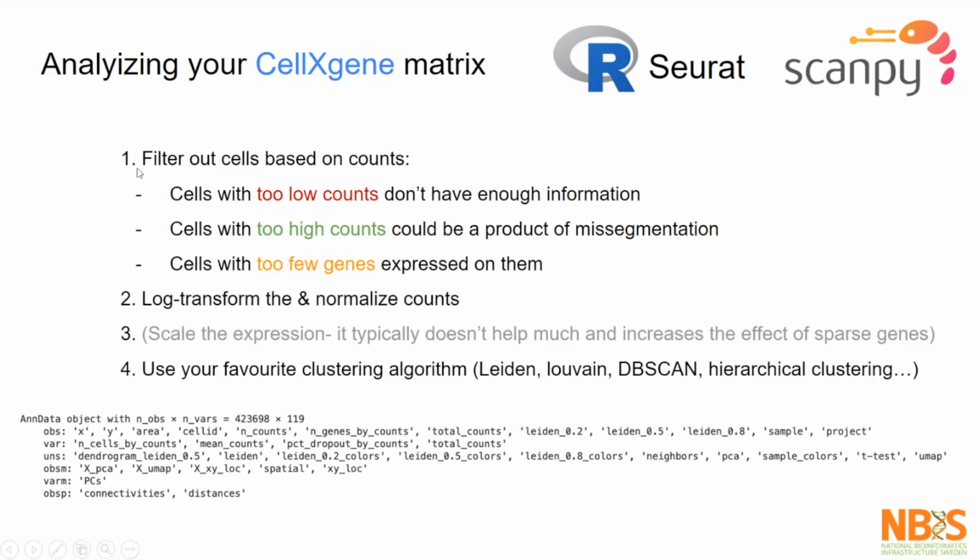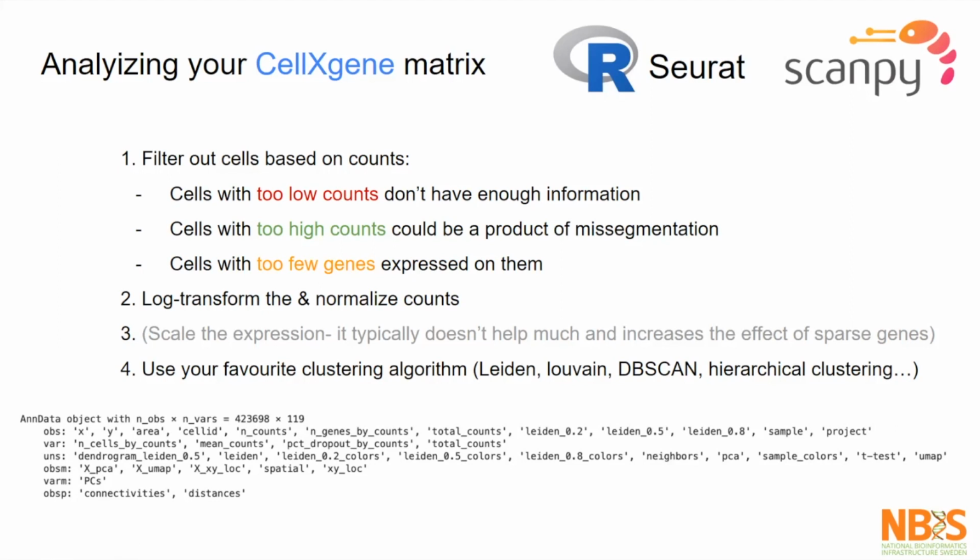So the first thing we need to do in our processing steps is to filter out cells based on the counts. Especially if we segment based on DAPI staining, we can have cells that do not have any read assigned, and we need to filter them out because they are going to bias our analysis. We also want to exclude cells that have too many reads assigned to them.